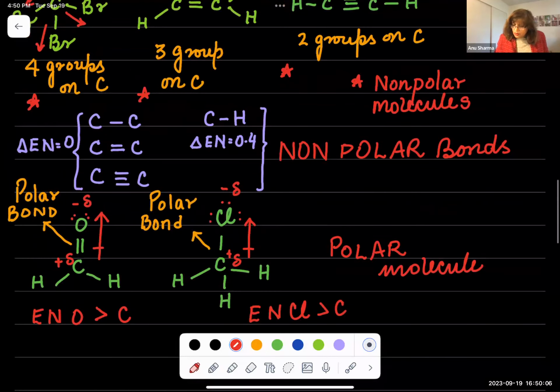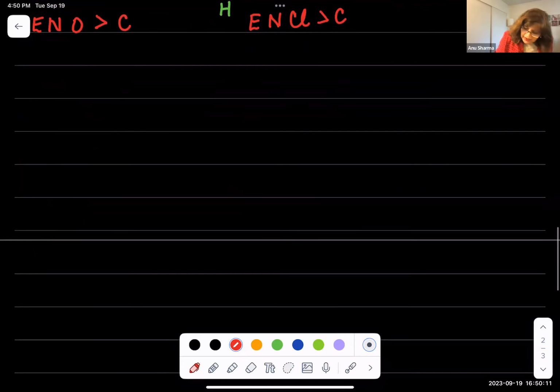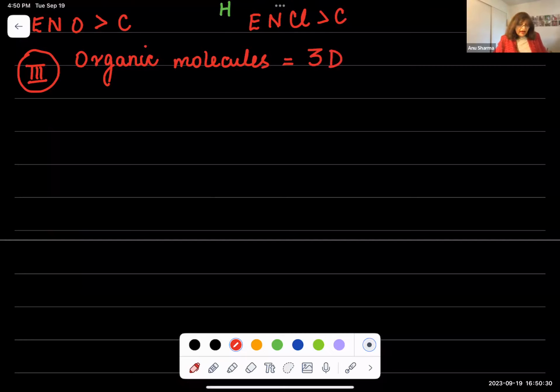Another thing that we know about carbon now is that these organic compounds, organic molecules, are carbon-based and three-dimensional. They have 3D shapes. So what are those 3D shapes? How do they look? They look like this.